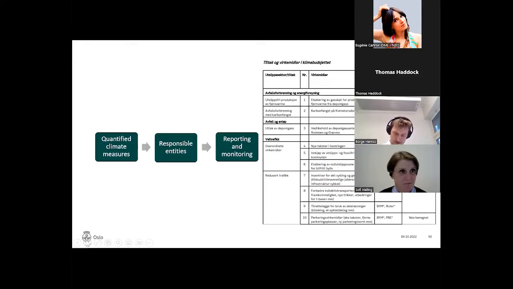And the value of this table is it links quantified climate measures with responsible entities and who's responsible for reporting and monitoring these climate measures. And this, along with an additional table in the climate budget that shows funding for these different measures, is the core of our climate budget.